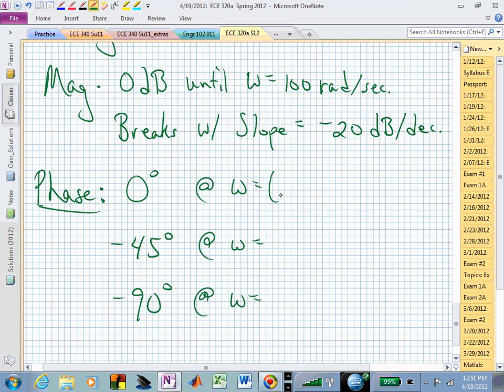It will be 0 a decade before the break, which in this case is 10 radians per second. It will be minus 45 right at the break frequency of 100, and it will be minus 90 degrees for all frequencies beyond a decade above the break frequency, or above 1,000, or 10 to the 3.